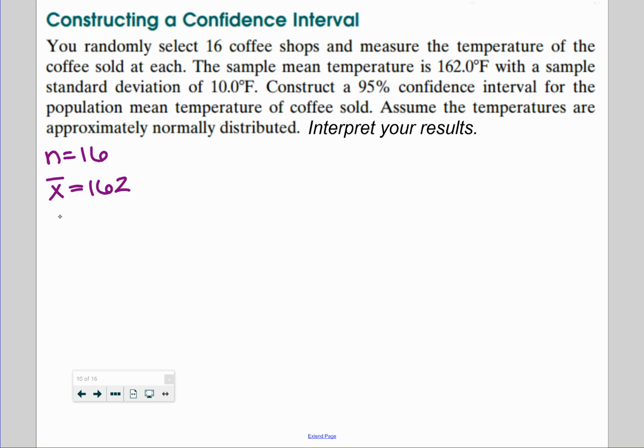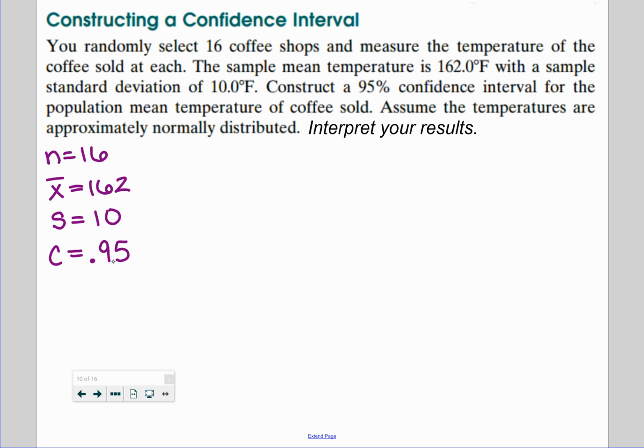Okay, and remember, there's going to be a big difference now between population standard deviation, which is z-scores, and sample standard deviation, which is t-scores. Sample standard deviation, you are using the s, not the little mu, okay? And it's 10 here. 95% confidence interval, that's my c, 0.95. Okay, so that's everything I was given.